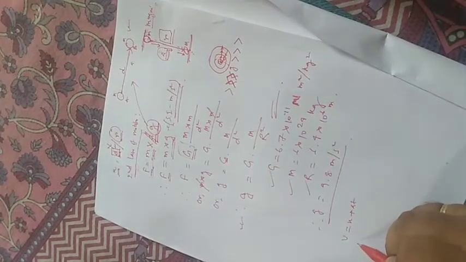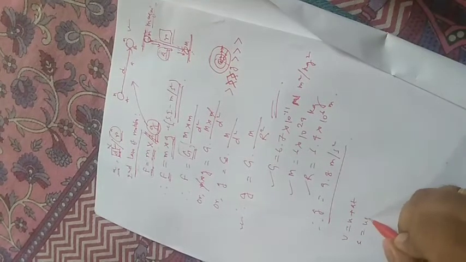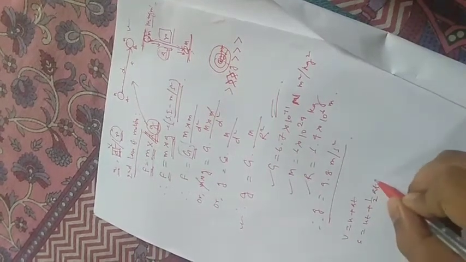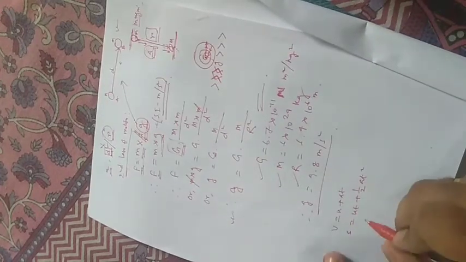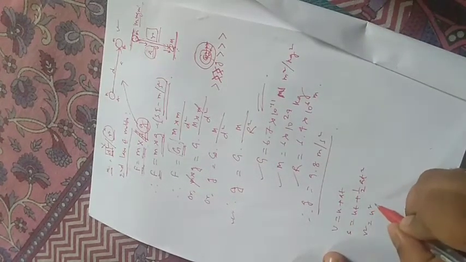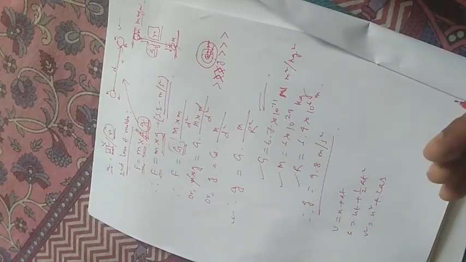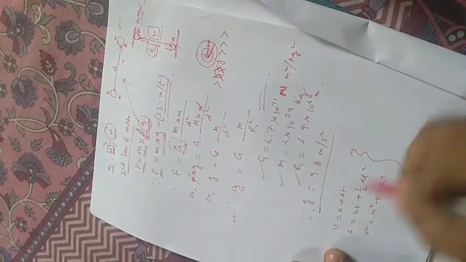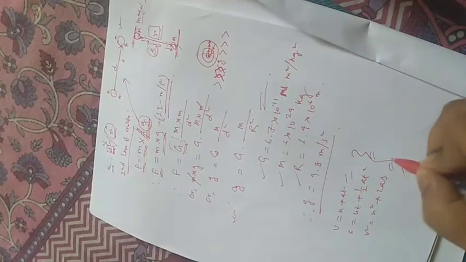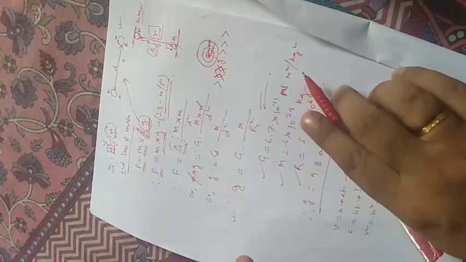Okay, we have already read. Then s equal to ut plus half at square, we have read. Then we have read v square equal to u square plus 2as, or v square minus u square equal to 2as, in this way.